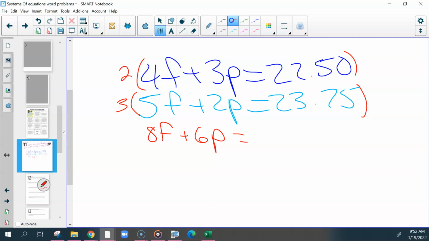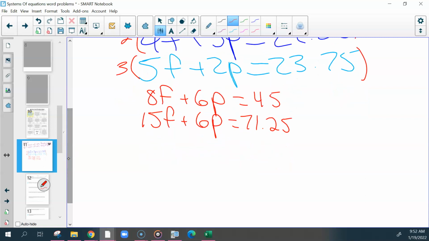22.16 times 2 is 44.32. And then 15f plus 6p equals, what is 3 times 23.75? 71.25? Is that what you said? And then to eliminate these, we would add or subtract.